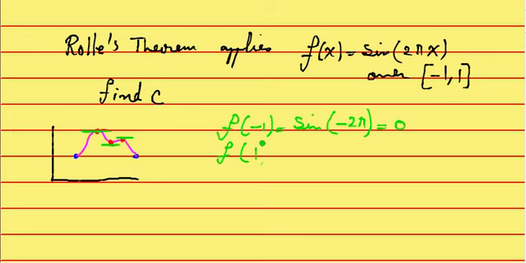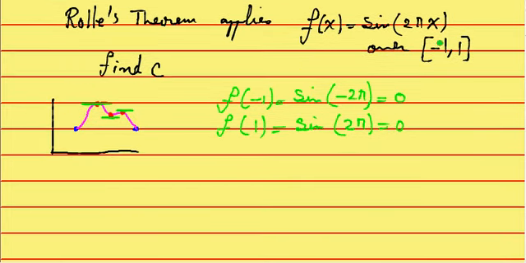Similarly, f of 1 is equal to sine of 2 pi. That is also 0. Notice that as x ranges from -1 to 1, the argument of sine is going to change from -2 pi to 2 pi.